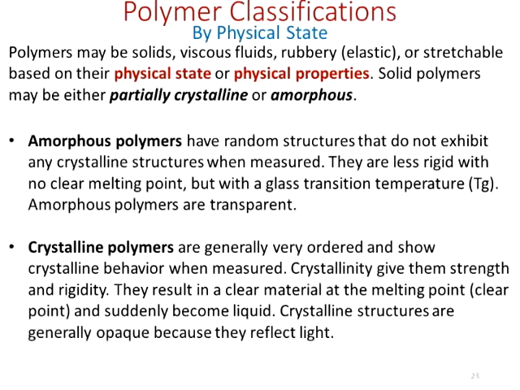If they have properties that are more random in structure, do not have a clear melting point, and are transparent, these features tend to fit an amorphous polymer. So an amorphous polymer has random structure. Crystalline polymers, on the other hand, have more order to them and tend to have a clear melting point and tend to be opaque.